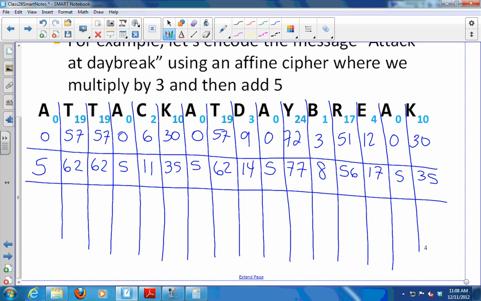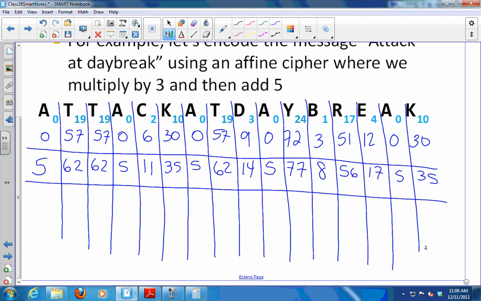Okay, now, any numbers that are too big, right, that are not between 0 and 25, because 0 to 25 represents my letters, right? Anything that's too big, last class, what did we do to the numbers that were too big? You minus 26, but what if it's still too big? Like 62 minus 26 is still going to be too big.